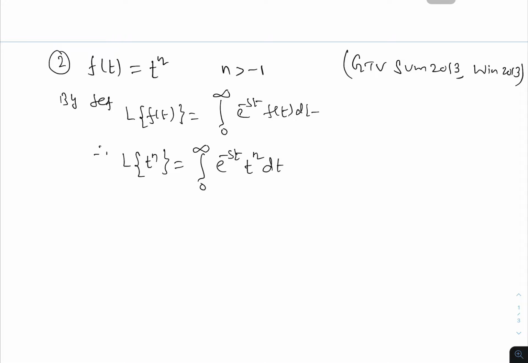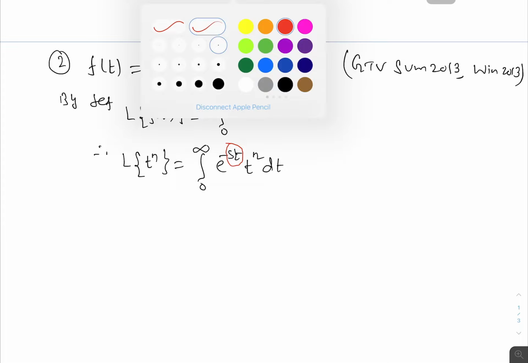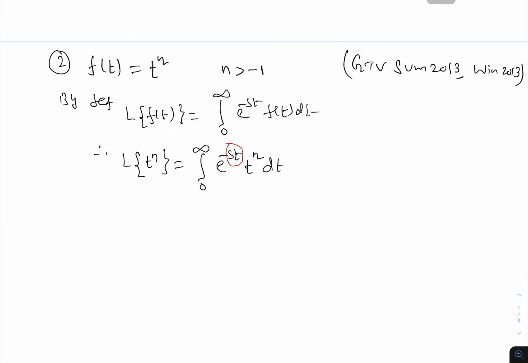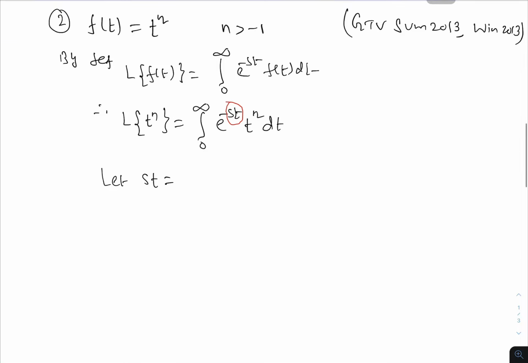We take the substitution st equal to x. Then dt equals 1 over s dx.